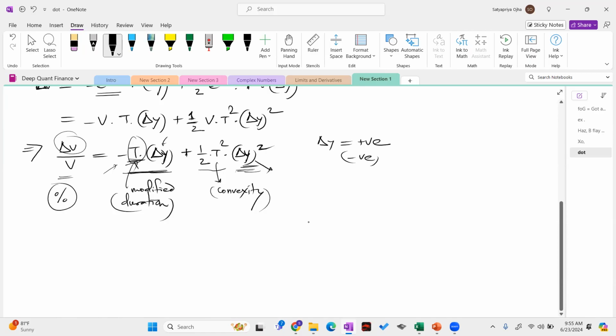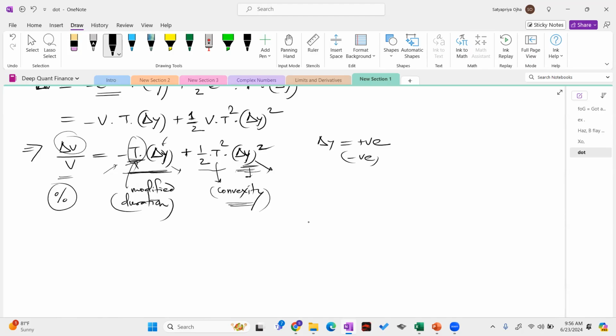So it'll always be positive. So if you are a bond holder, then convexity is your friend. Convexity will always help you. It gives you a cushion. Whatever is predicted by delta y, you'll get something additional always. It favors you. If you're the bond holder, convexity is your friend.